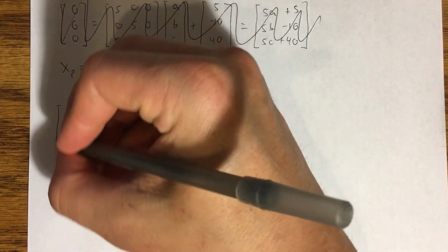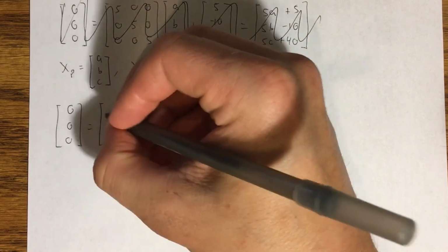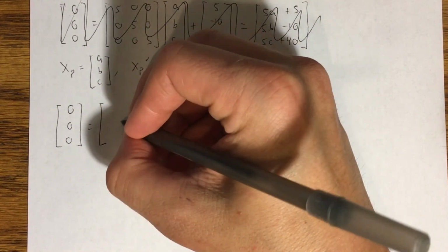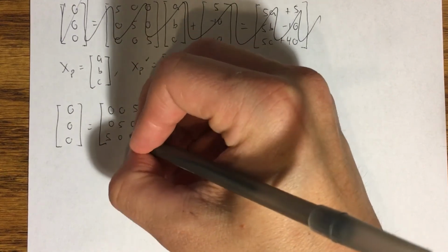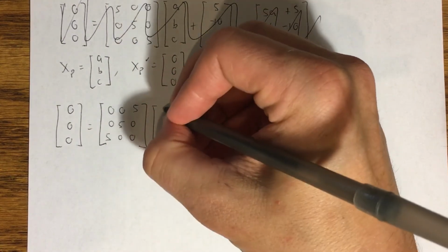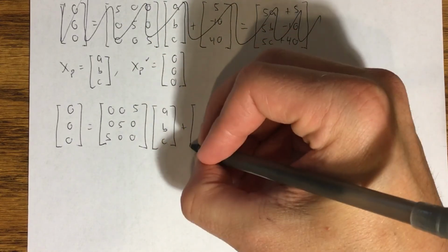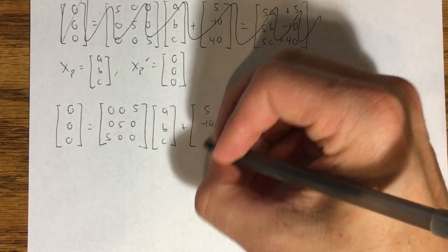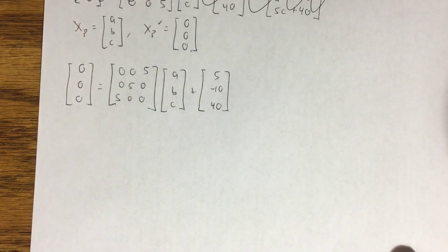I'm going to have 0, 0, 0 equals 5, 5, 5. Make sure my 5s are in the right place there. Times A, B, C, plus 5, negative 10, 40. Okay. So this should get us back on the right track.